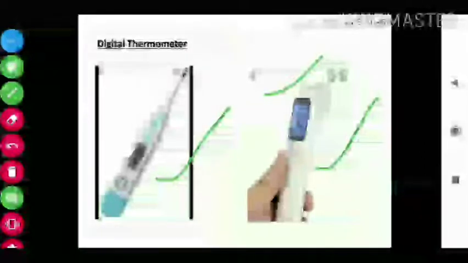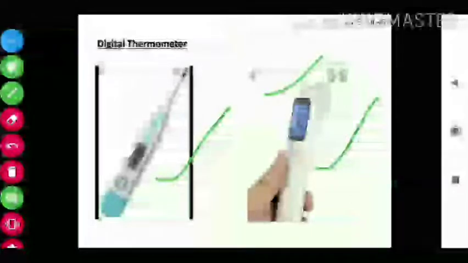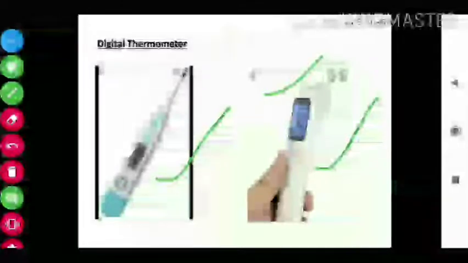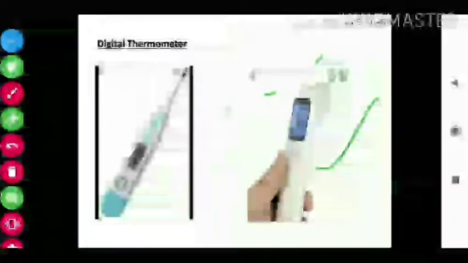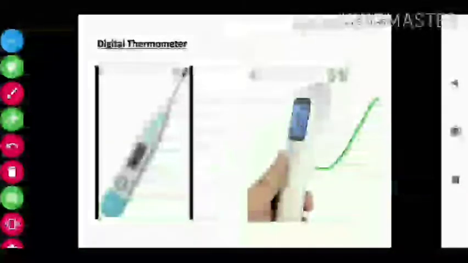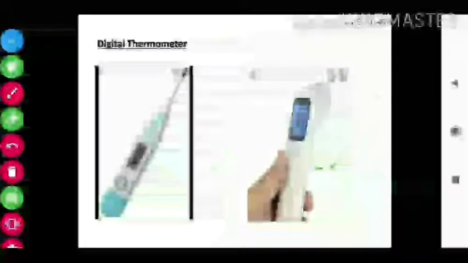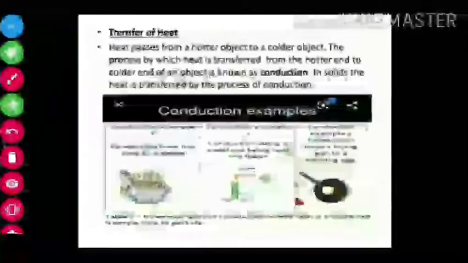So this is a digital thermometer, and it has a sensor. This sensor can sense the temperature of the body, and so they are using this digital thermometer. This digital thermometer is very useful, and it has no mercury, so it is not dangerous to our body, and it can also give the accurate temperature of our body.